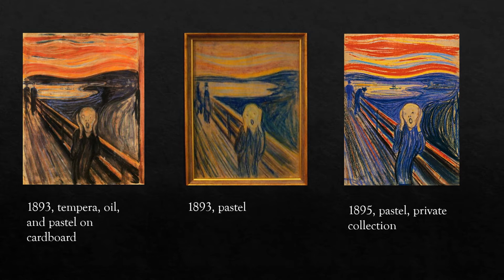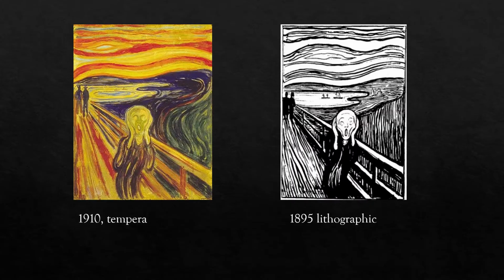In 1895 he made another pastel version, which is now a private collection. In 1910, he did his final tempera painting, and then in 1895, there were a few lithographics actually, but this is one of them.